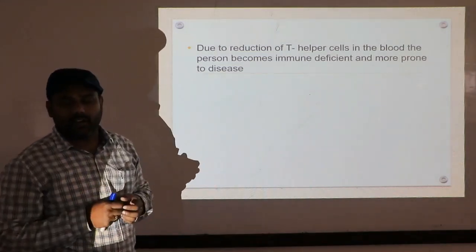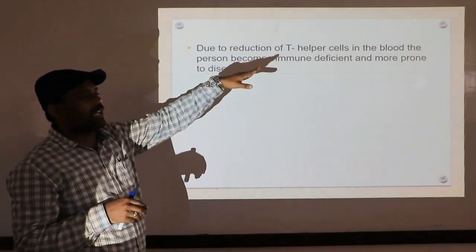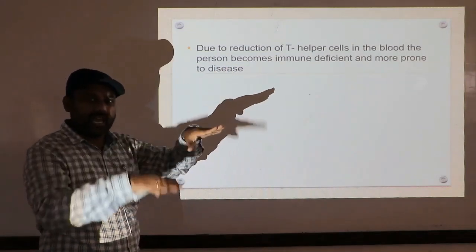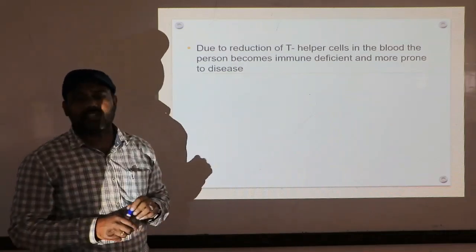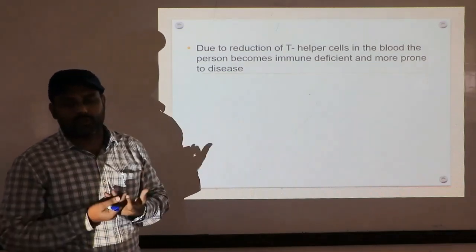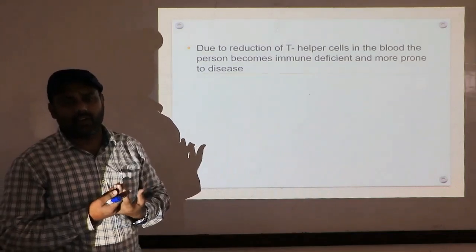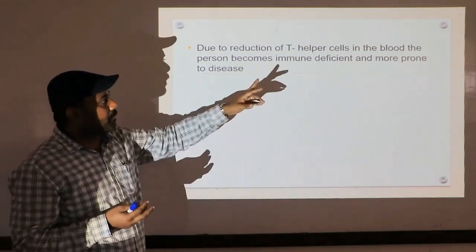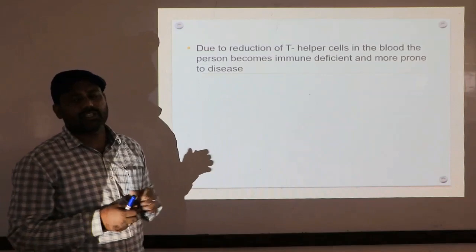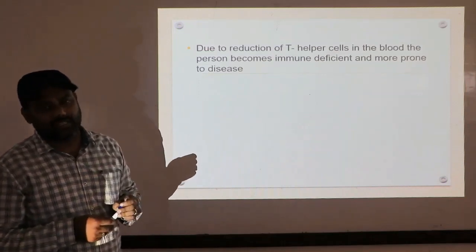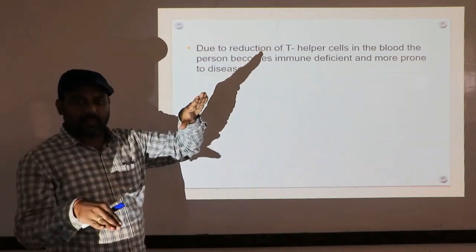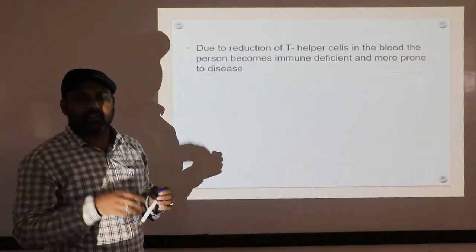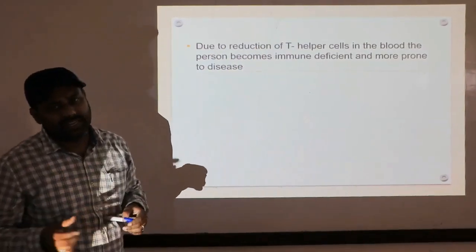Within the individual, the count of T lymphocytes or T helper cells is reduced, and the person becomes more prone to disease. Means the person may be exposed to many kinds of diseases or infections. More prone to disease means more chance to get disease. Very simple word. Where the immune deficiency is reduced means that person may have more chance to get disease.